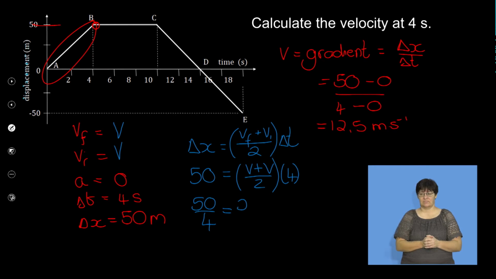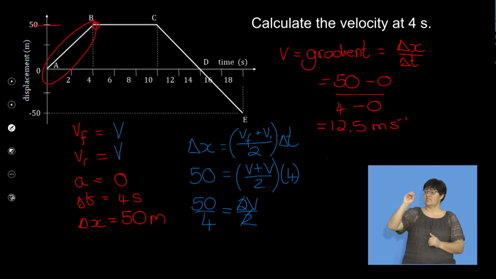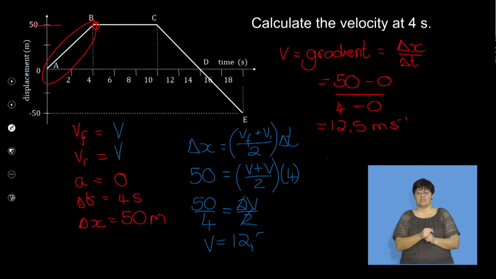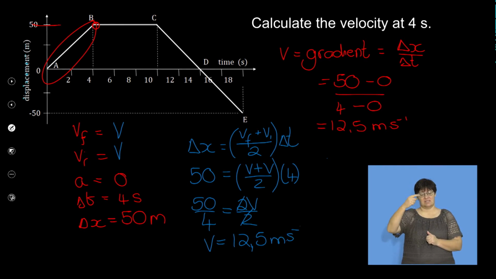This is going to become 2V over 2. That's nice, because the 2's cancel out. And if you look carefully, I've got 50 divided by 4, and I had 50 divided by 4, which means that velocity is 12.5 meters per second, which is exactly what I got when I used the gradient of the graph. Okay? So the key was to remember that VF is equal to VI, because the acceleration was 0.